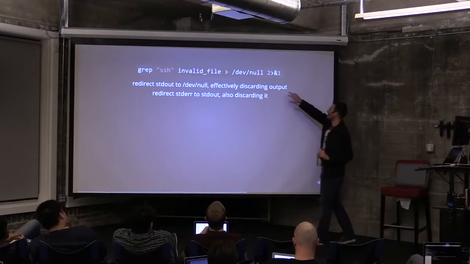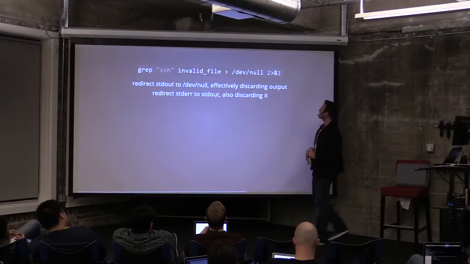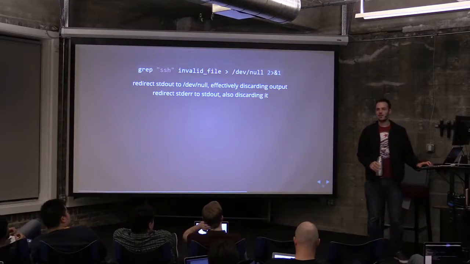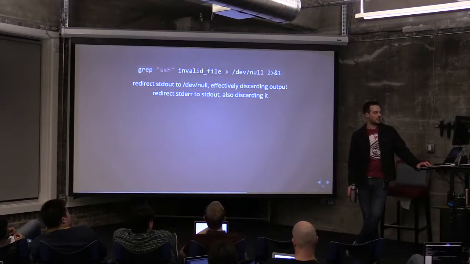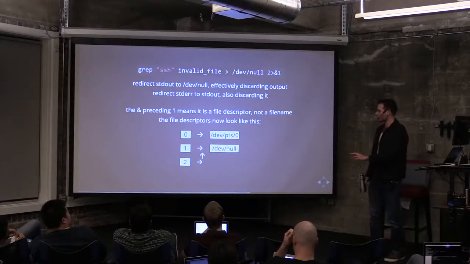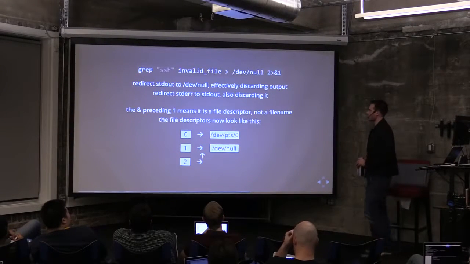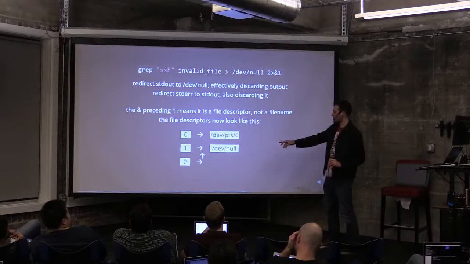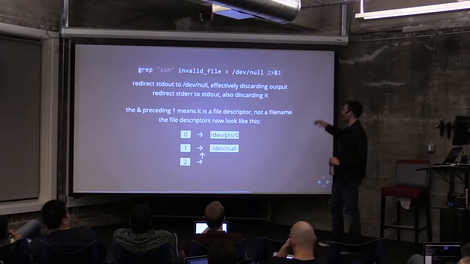There's this other operator here where you're saying 2>&1. What that does is it takes standard error and redirects it to the same place as standard out, which is /dev/null. This is what the file descriptor table looks like after this operation. First we're taking standard out, which is 1, and sending it to /dev/null.